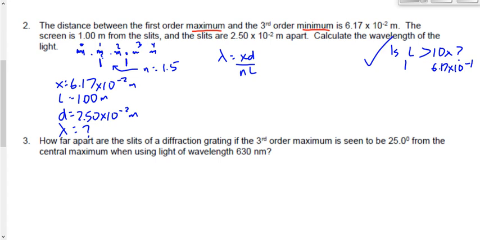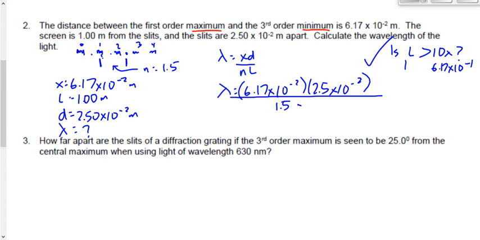Right, Jimmy? So let's do it then. Lambda is equal to x, 6.17 times 10 to the negative 2, times d, 2.5 times 10 to the minus 2, divided by n, which is 1.5, times L, which is 1.00. And when we do the math there, I think we end up getting 1.03 times 10 to the negative 3 meters.